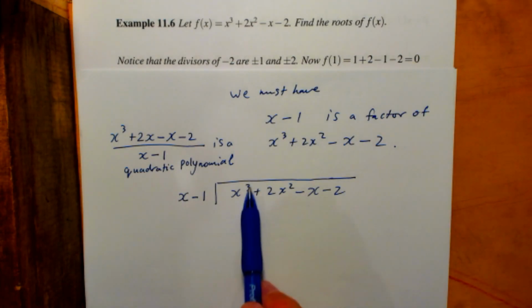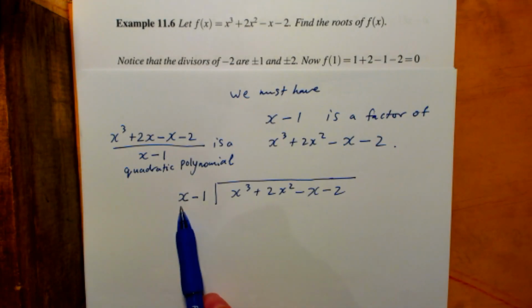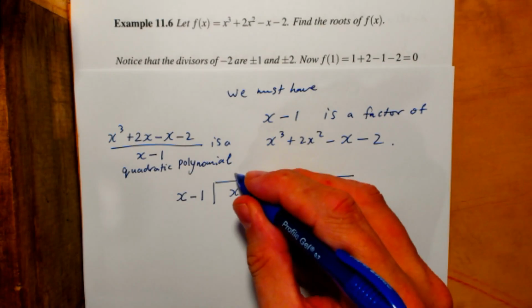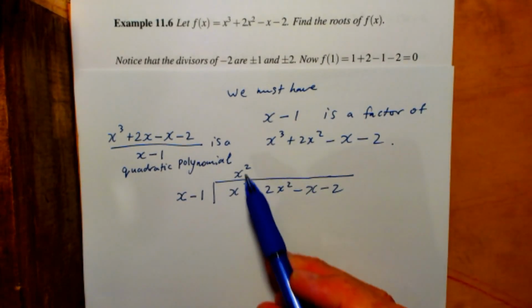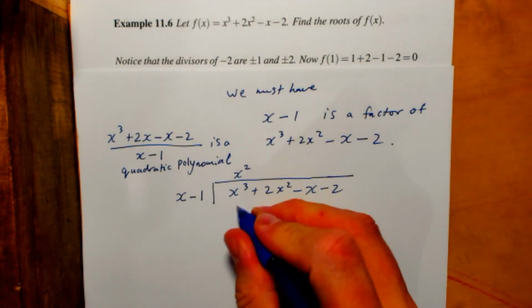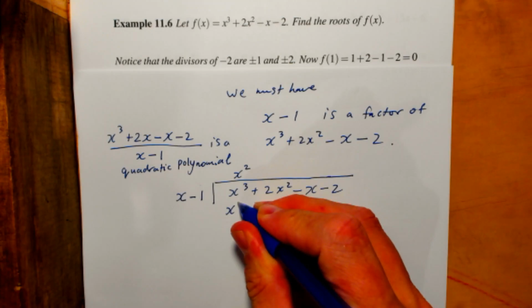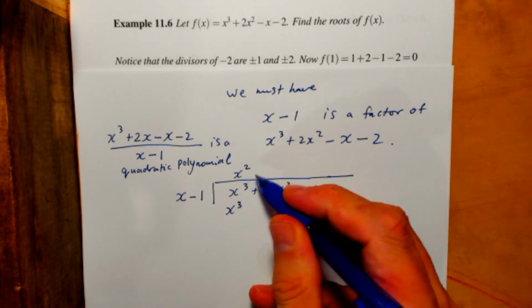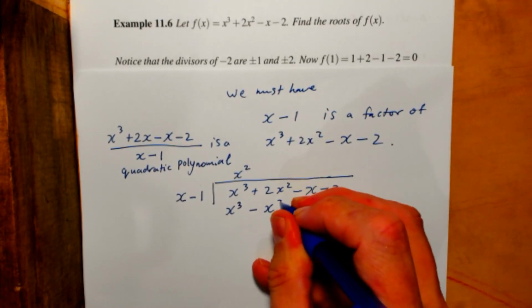We look at this leading term, x cubed, we divide it by x and we get x squared. So we write that x squared here, and then we take x squared, multiply it by that whole x minus 1, write that below, and we get x squared times x is x cubed, and then we have minus x squared.